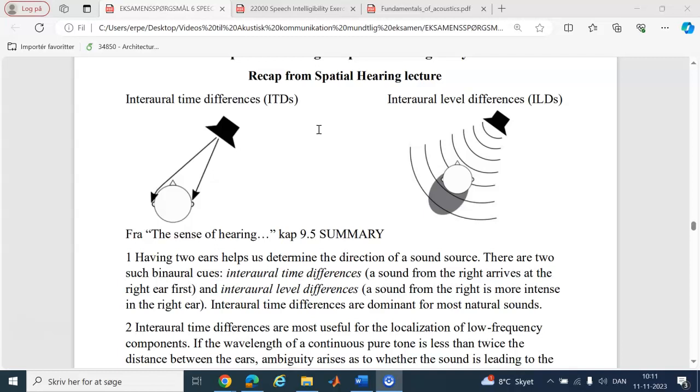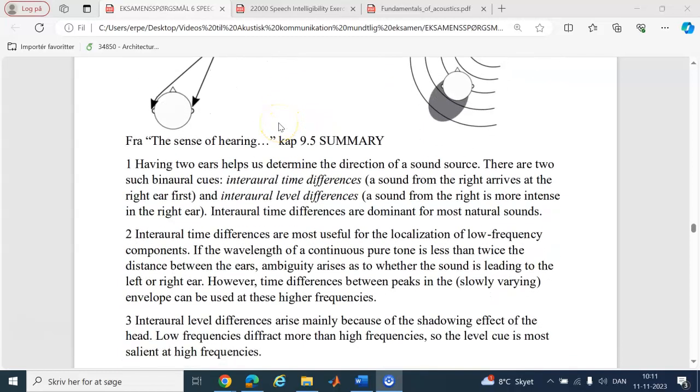Interaural time differences are dominant for most natural sounds, but there are some details here. They are most useful for the localization of low frequencies. Why? Because low frequencies are what's called diffracted, spread more than high frequencies.